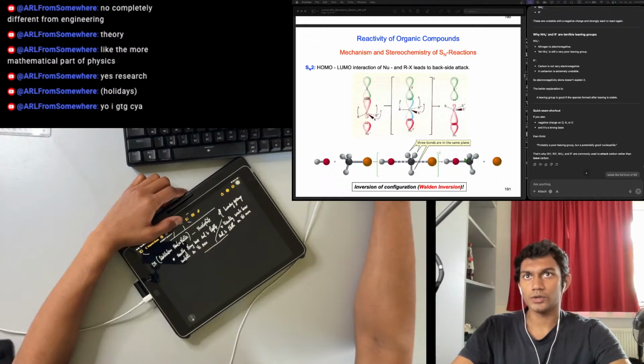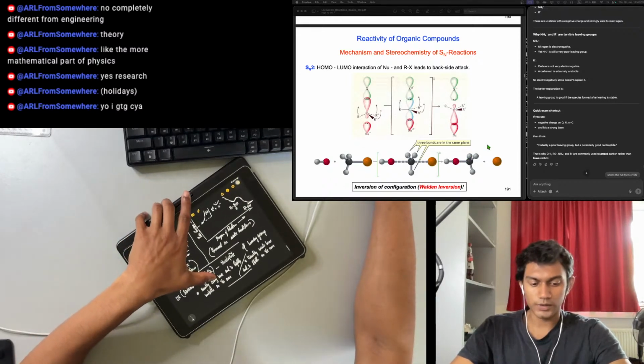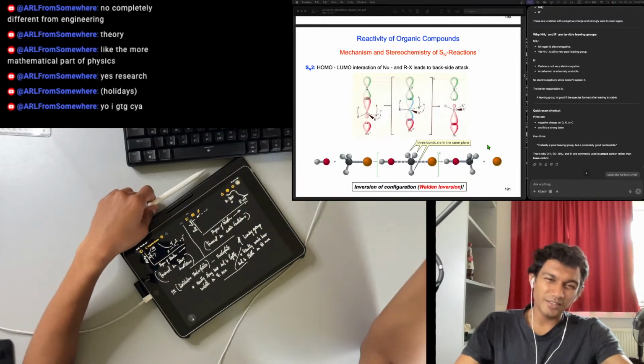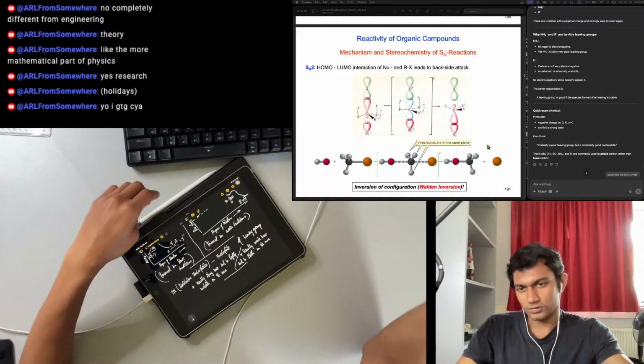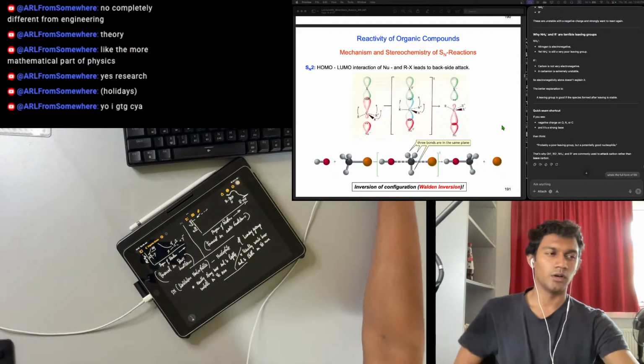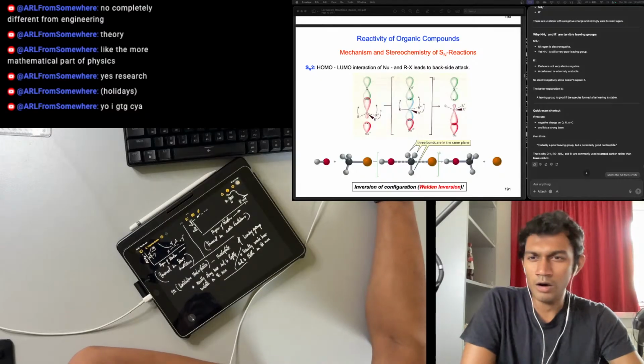And that's SN2. So that's the transition state, okay. That's where both the leaving group and the nucleophile are on the same hydrocarbon chain.